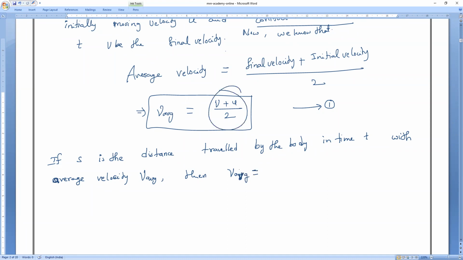I already know V average is (v plus u) by 2, but it is traveling distance S in time t. Then what is the velocity formula? Velocity is equal to total distance by time.